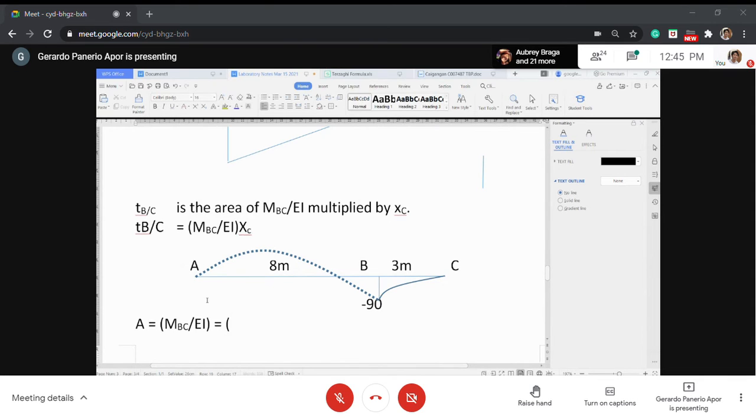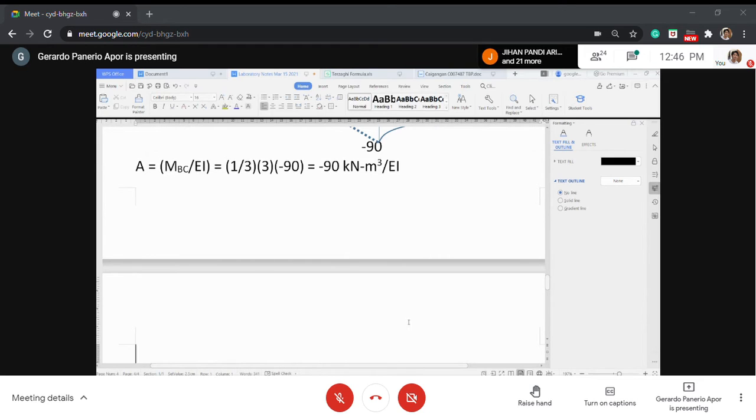This is a parabola, so this is 1/3. Spandrel of a parabola times base times height, the base is 3, multiplied by the height of negative 90. So we have minus 90 kilonewton meter cube over EI. Mauna siya. No? Okay, mauna siya. Ang value niya. No? Okay.